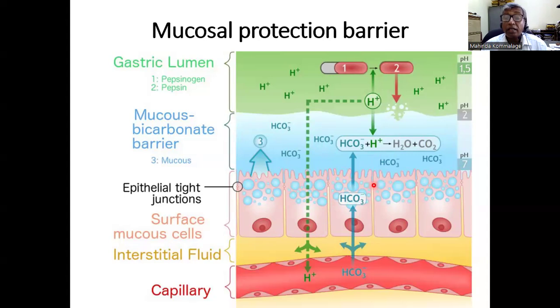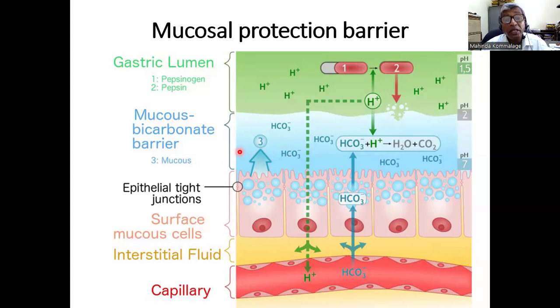The cells are bound very tightly by this junction, so it will not allow things to move deeper, I mean, into the cellular side or into the inside of the gastric mucosa. So we have tight junctions and secretions from these cells which contain mucus and a lot of bicarbonate, right? This mucosal protective barrier performs a very big protective function.